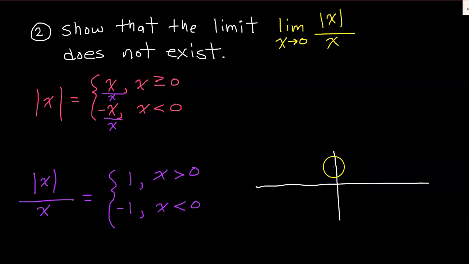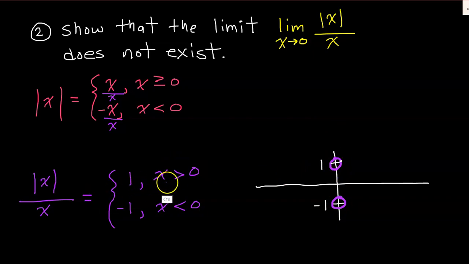So to the right of 0, we have a value of 1, so let's set that up. And to the left of 0, the value of the function is negative 1. Right at 0, it is undefined. Okay, so I'm going to put open circles at both of these points. The function is undefined at 0.